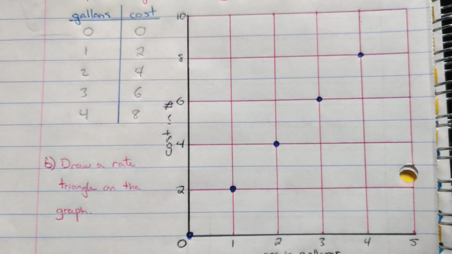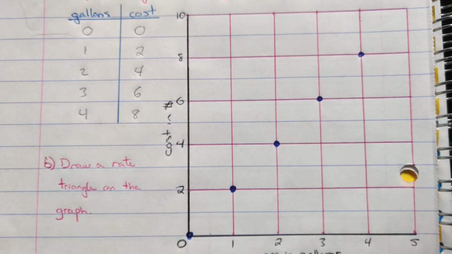So here are my points. In a previous lesson, I mentioned that I didn't connect the points with the toppings on a pizza because it didn't make sense to have 0.5 of a topping or 0.3 of a topping. But when we're buying gas, you can buy portions of a gallon.